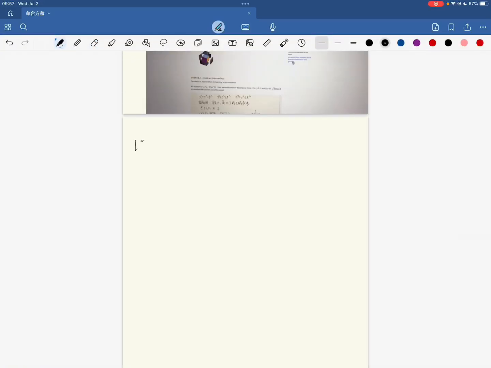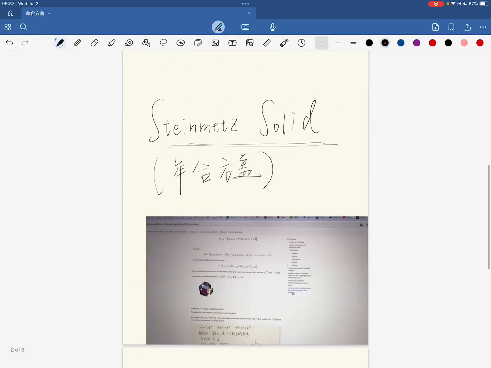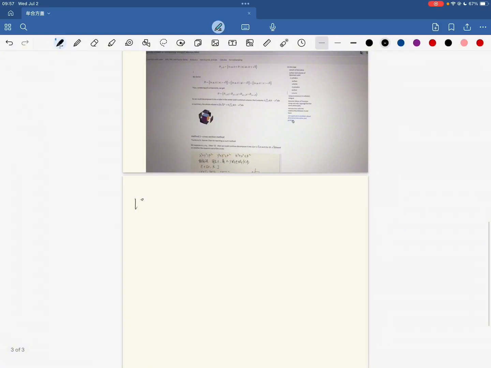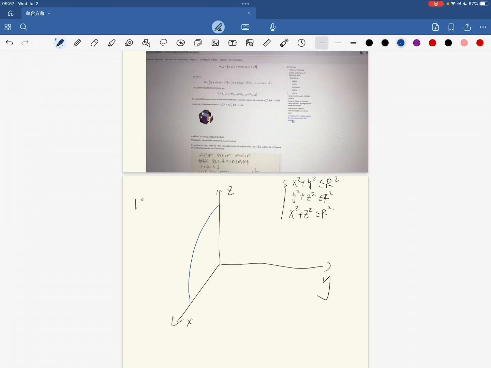Firstly, I will use the basic method, which is to draw the picture of the Steinmetz solid. So we could draw the picture of it, and this is the cylinder.